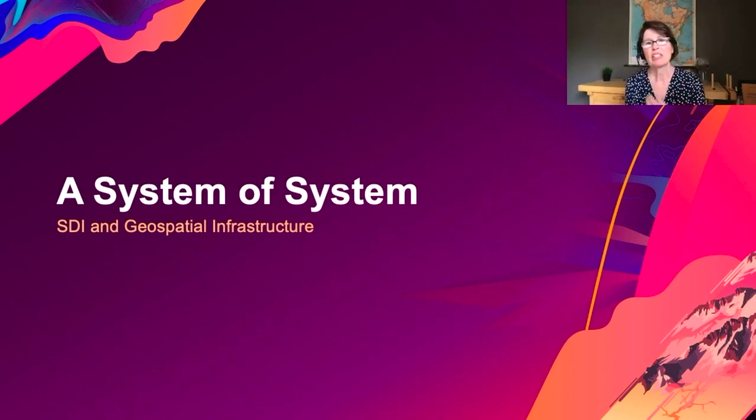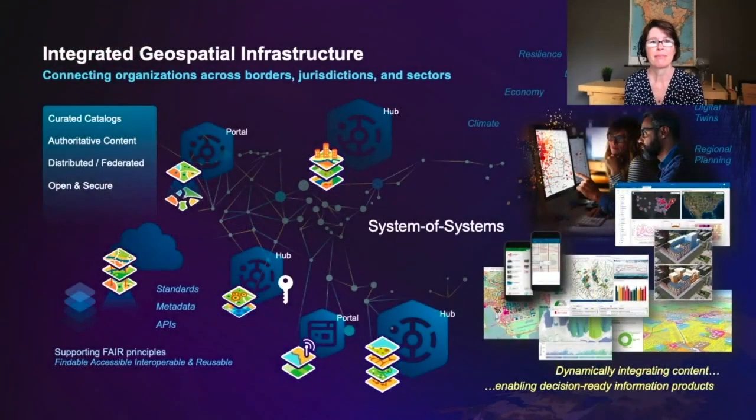Now that we've seen some really wonderful examples, let's look at the technology behind the scenes. SDI and geospatial infrastructure is inherently multi-organizational. Geospatial infrastructure interconnects multiple organizations in an integrated system of systems.